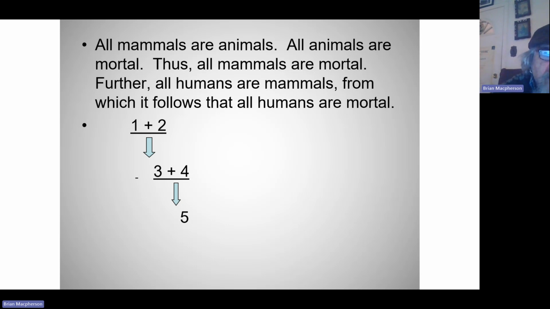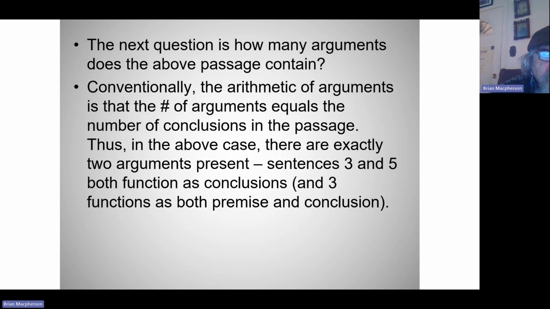So this argumentative passage contains 2 conclusions. 3, all mammals are mortal, and the further conclusion, 5, that all humans are mortal. All right, so this is a good way to represent diagrammatically the argumentative structure of that particular passage. So far, so good. So again, there are 2 arguments because there are 2 conclusions.